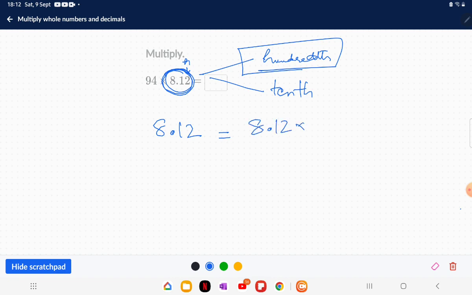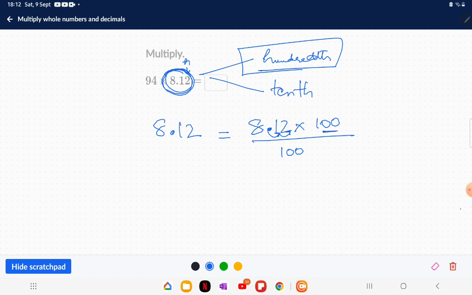8.12, and what you can do is multiply it by 100 and divide it by 100. So 8.12 into 100, what is that? We know that the decimal jumps places to the left when we divide by 10 or 100 or 1000, but when we multiply a number by 100, the decimal moves towards the right, and the number of jumps it makes is equal to the number of zeros.